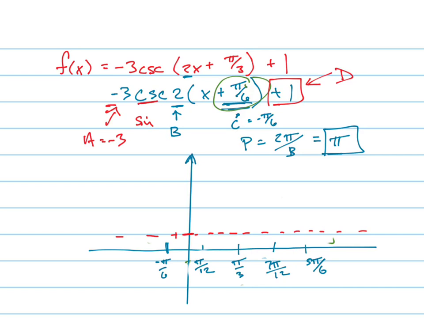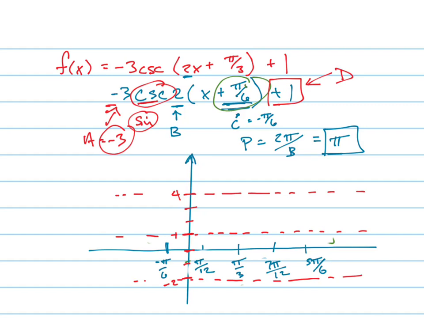My amplitude is -3, so I'm going all the way down. 1, 2, 3. I'm going down to -2, and I'm going up to 4 because it's 3. So I actually like to draw in a couple lines here and here, and I'll show you why I like to do that. When I'm drawing my graph, it's the cosecant graph, so I want to graph the sine graph, but it's a negative.